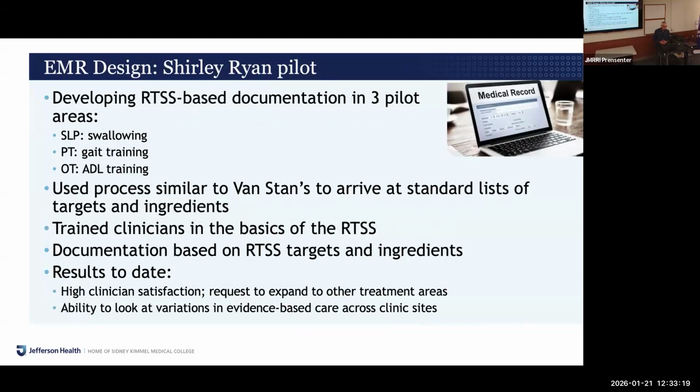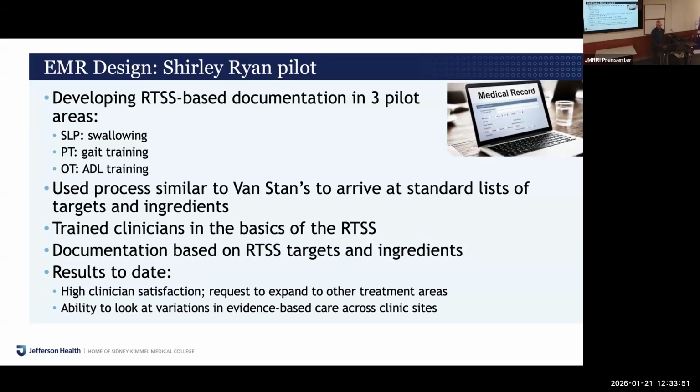Maybe one of the most exciting things for me is an EMR design pilot being conducted at Shirley Ryan AbilityLab, formerly Rehab Institute of Chicago. So I mentioned that currently the electronic medical record is close to useless in rehabilitation for doing research because if you want to go past hours of this and hours of that, you're kind of stuck.